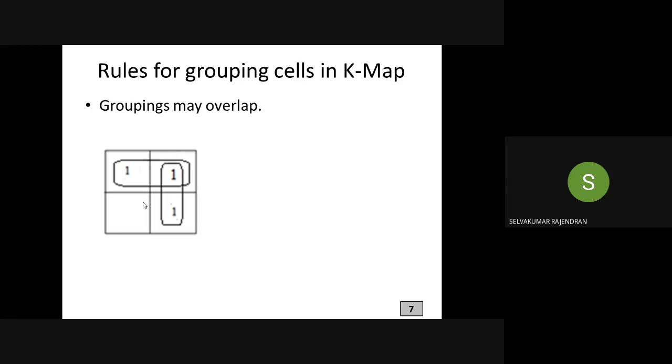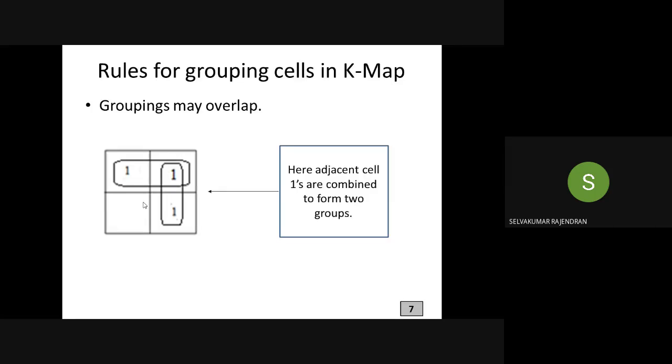So groups may overlap. Here the adjacent cells having ones are grouped as 2. This corner one is common to both groups, so this one is overlapped. Like this, you can overlap the ones.